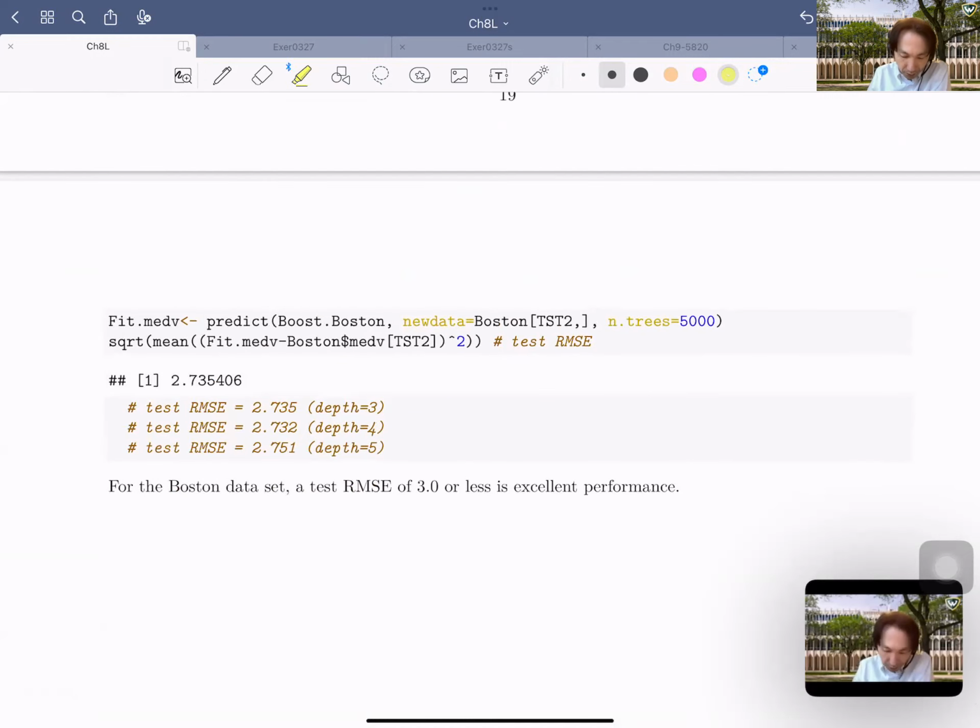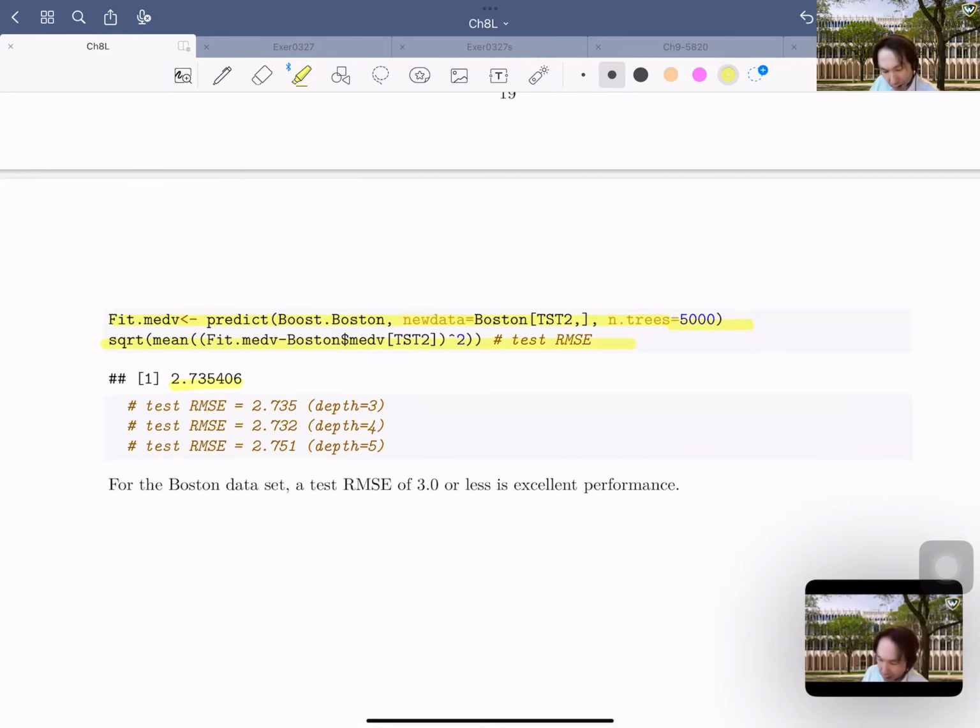We can calculate the fitted value by the predict function again, and we can calculate the test root mean square error. This time I take the square root, because I have seen the analysis of this data many times, and I know what a good RMSE is. The RMSE for the test set is 2.73.